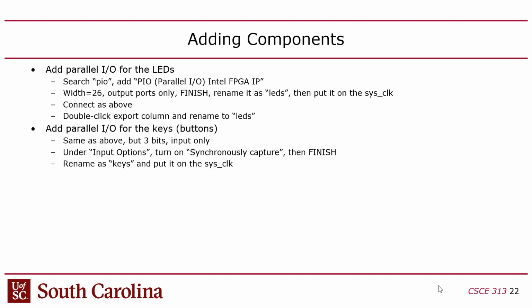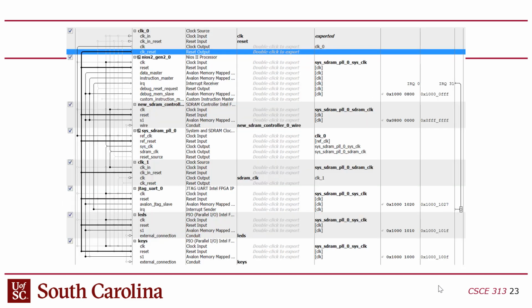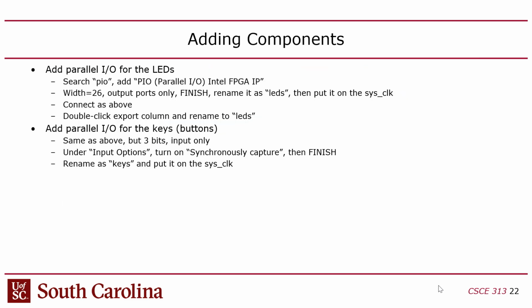Okay, so once you have all that set up, and we'll help you, we'll answer any questions, the next thing you're going to do is add a parallel I/O, a GPIO, in there for the LEDs. You guys have already done this in 3.13. And add a parallel I/O for the keys, right? Now you might say, wait a second, I thought you said we're already using the keys for reset.